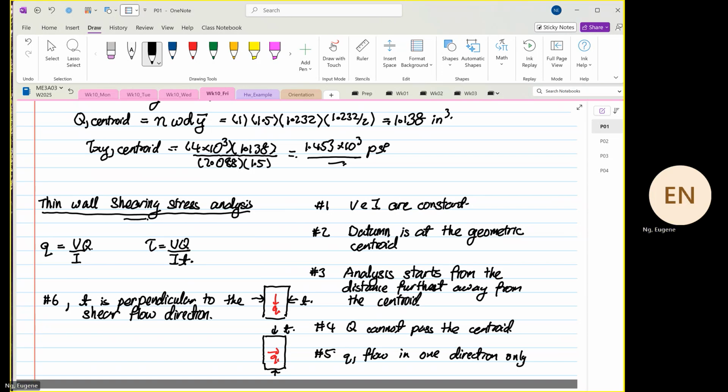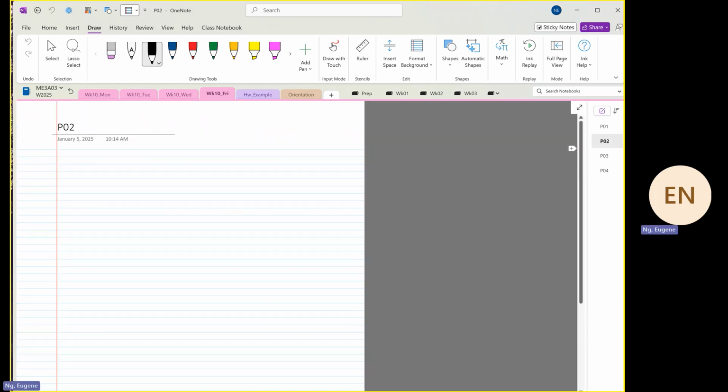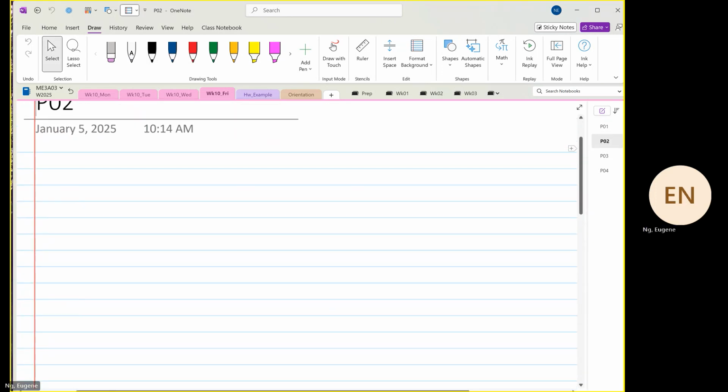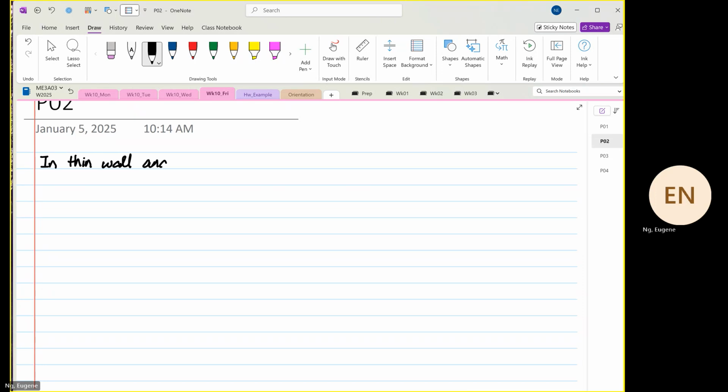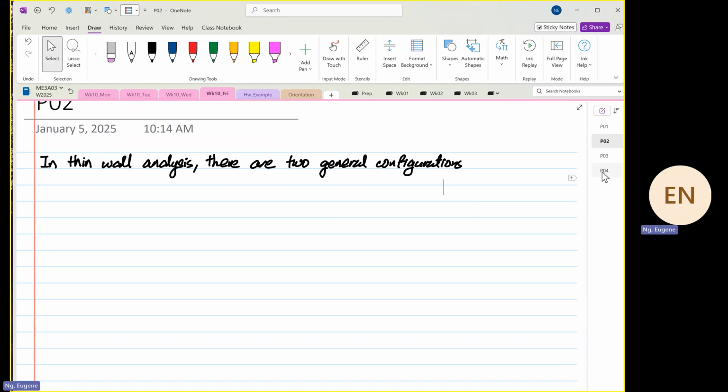Okay. Now, the next thing that I'm going to show you is in thin wall analysis. Okay, there are 2 general configurations.